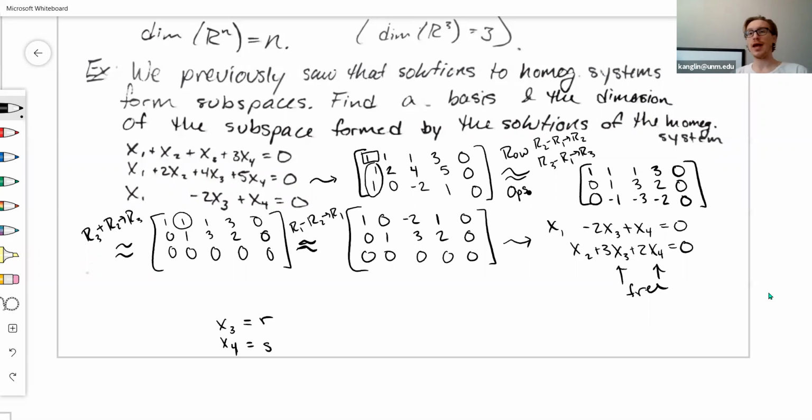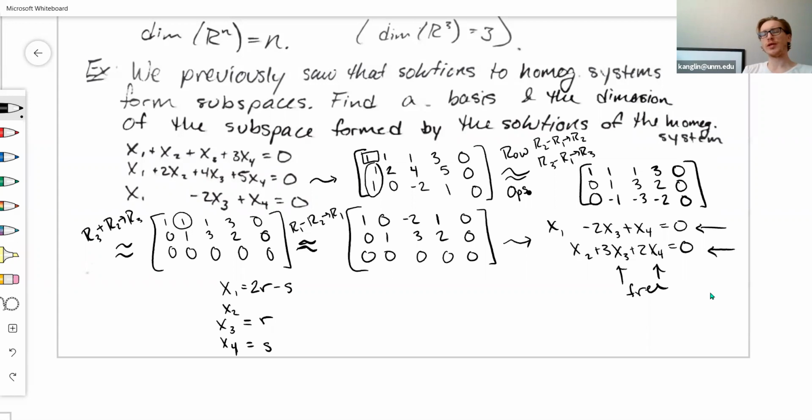We can express x1 and x2 in terms of those parameters r and s, in terms of x3 and x4. For example, x1 is very easy to write down. From this equation, just moving everything but x1 to the right side, I get 2 times x3, which is 2r, minus x4, which is s.